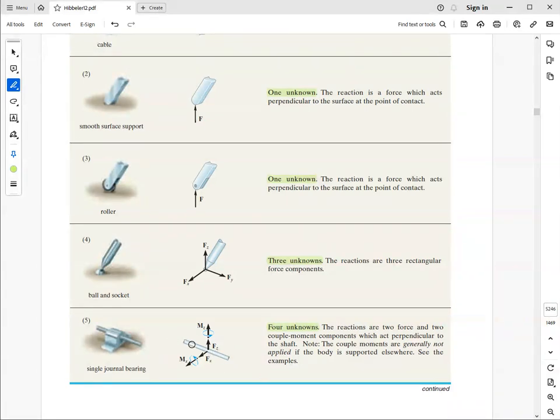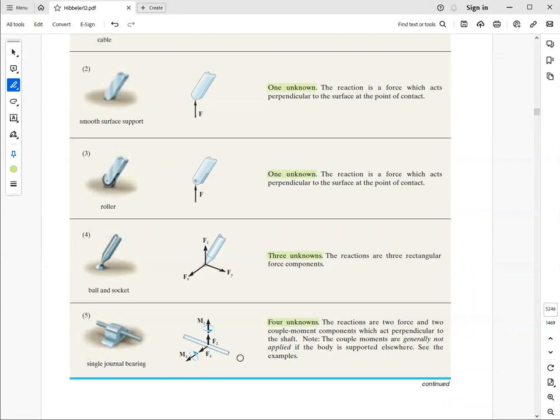There's no force and no moment along the axis, so that's why out of 6, only 4 unknowns are listed here. So no force in the direction of sliding, no moment about the axis of the rod.